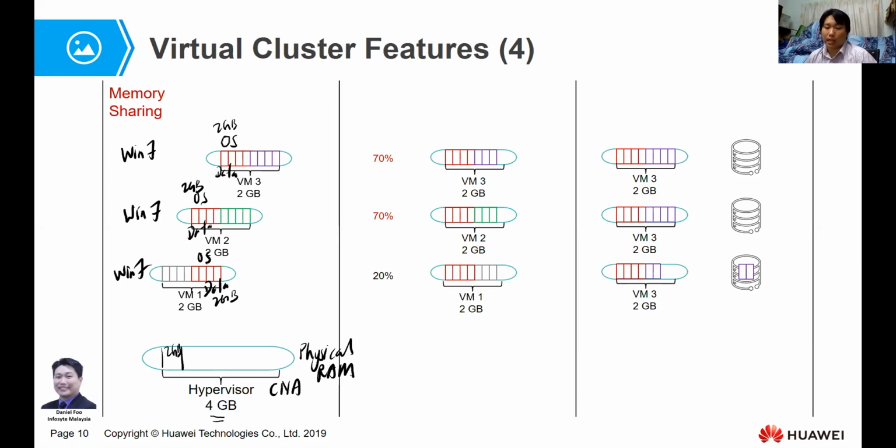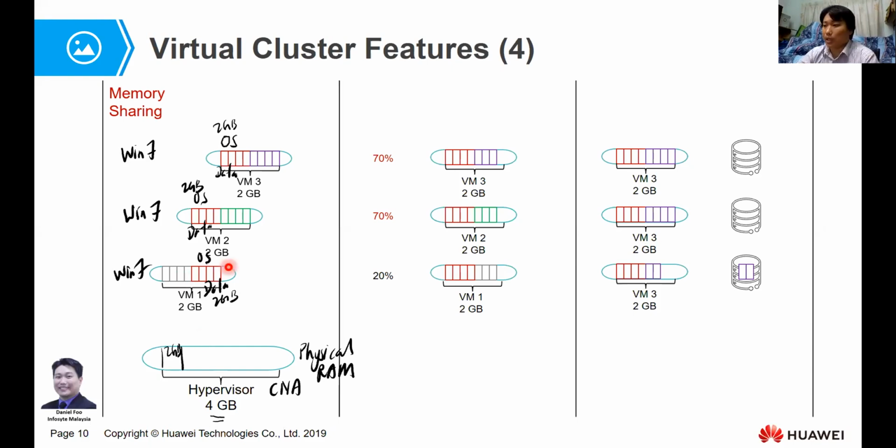So I do not need to assign more RAM memory capacity to all these 3 VMs. With memory sharing, you can reduce a lot of actual RAM memory use on the physical hardware. This is one of the features called memory sharing, to share the same data space on the RAM.